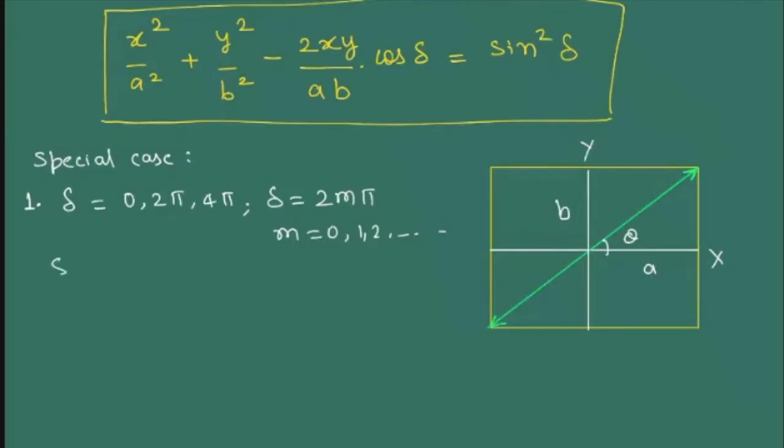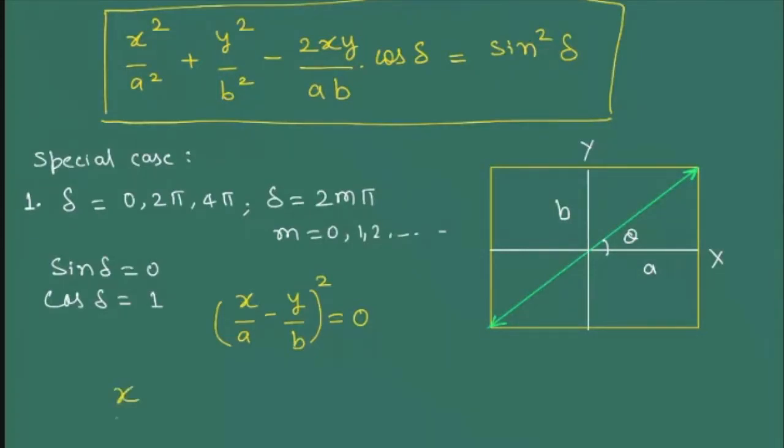So sine of delta will be 0 and cos of delta will become 1. And what we will get, if you substitute, this equation will become equivalent to x by a minus y by b whole square equal to 0, because now my right hand side is sine delta, which is again 0.